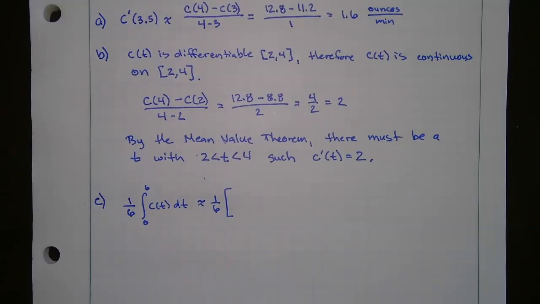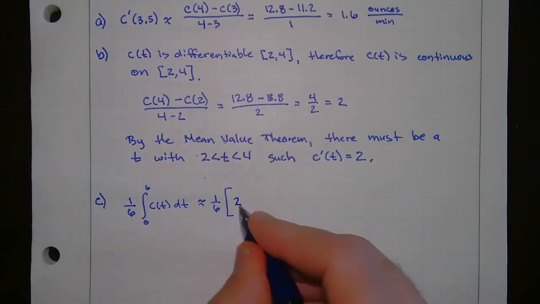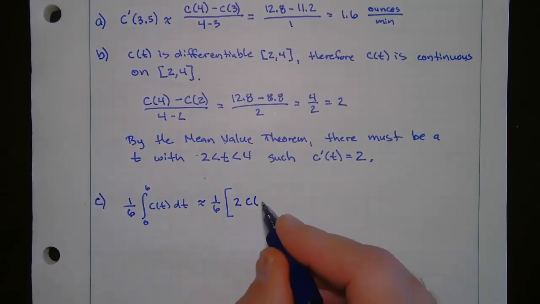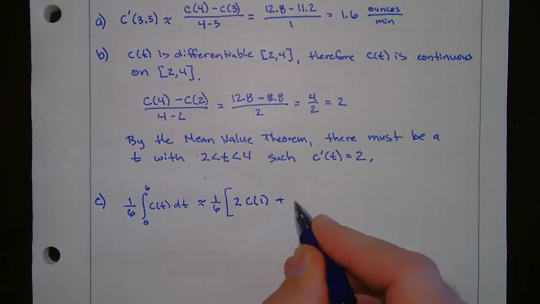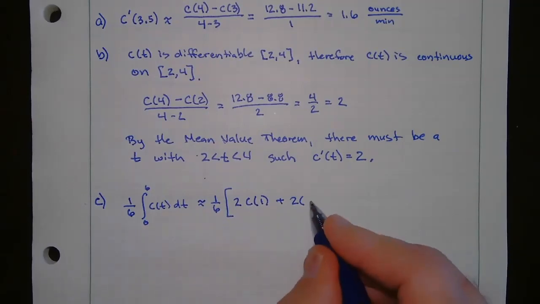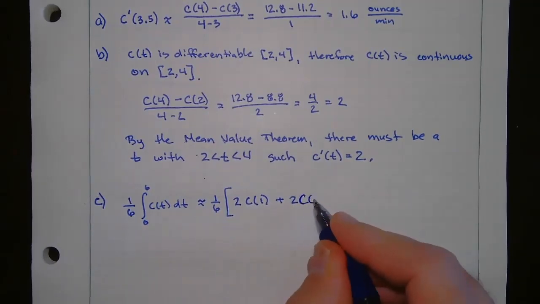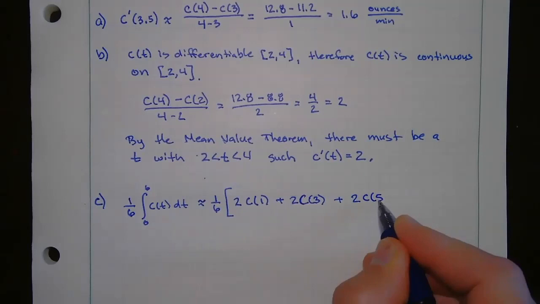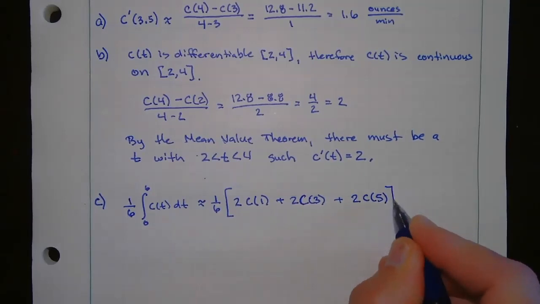So we're going to go from 0 to 2, so that would be 2 times C of 1, and then plus 2 times C of 3 between 2 and 4, and then plus, from 4 to 6, 2 times C of 5, because 5 is right in the middle, okay?